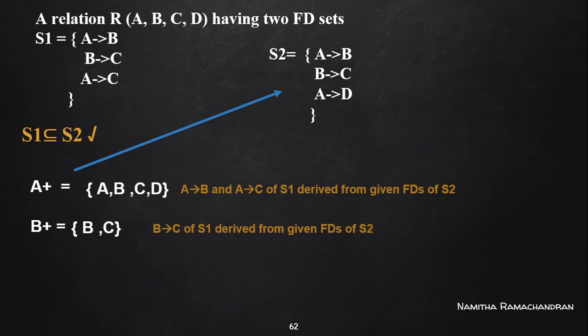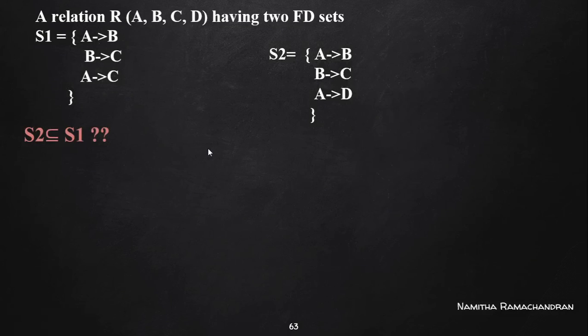Now we can check the other case, that is whether S2 is a subset of S1, or S1 covers S2 or not. Here the subset is S2 and the superset is S1. So find the closure of the LHS part of the subset with respect to the superset. The closures are A and B, with A repeating twice, so find the closure of A once and B closure also.